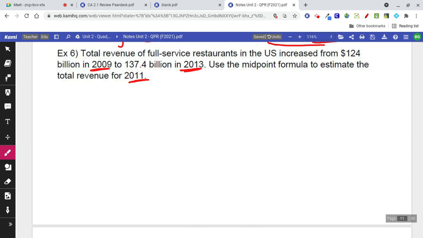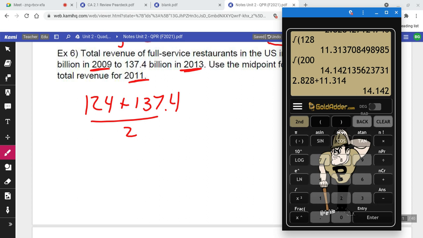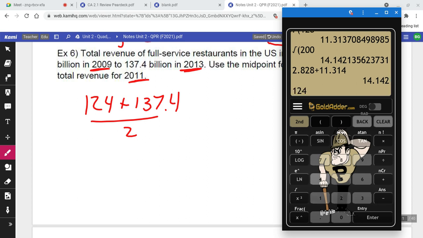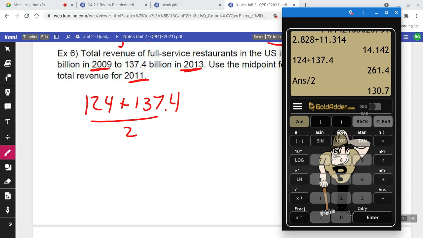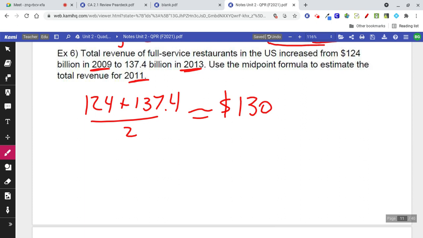And so you get 124 plus 137.4 over 2. $130.7, and that's billion with a B.